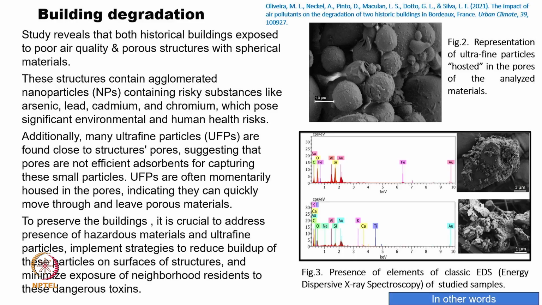Now, I am just showing the detailed views. This image has been taken at the 1 micron scale, and what they found is spherical particles, and also nanoparticles. They mentioned very clearly that many buildings, because of poor air quality and porous structure, receive these materials from outside.